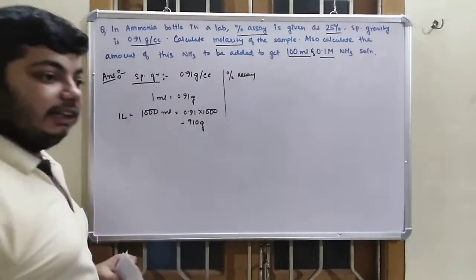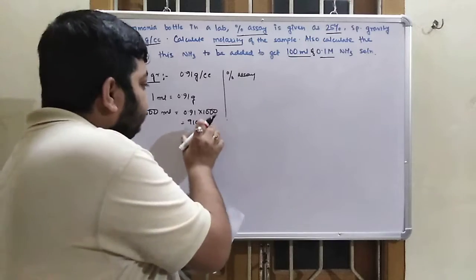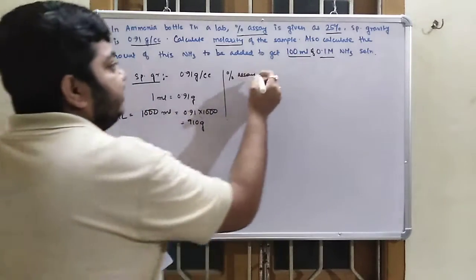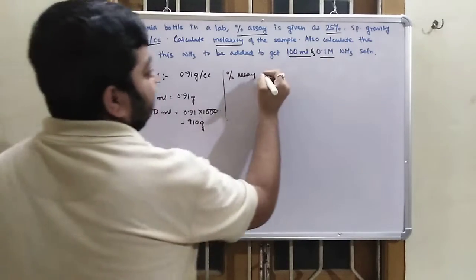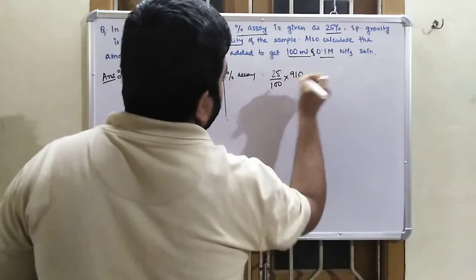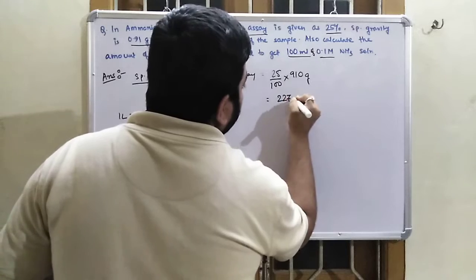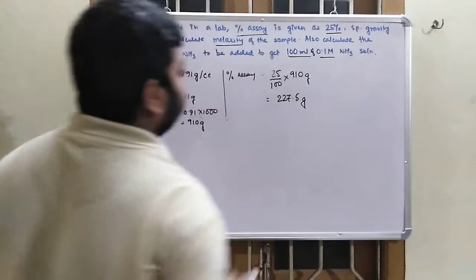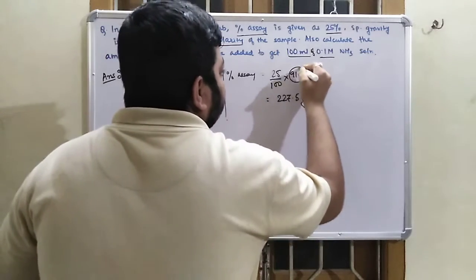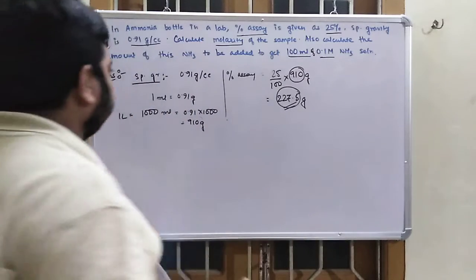Percentage assay is actually how much percent of that matter is pure. That means how much percent of this is actually ammonia. It says that 25% of this is ammonia. So 25% of 910 gram is ammonia, and it comes out to be 227.5 gram. That means out of 910 gram, 227.5 gram is ammonia.